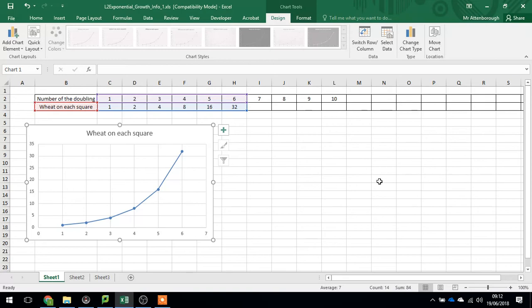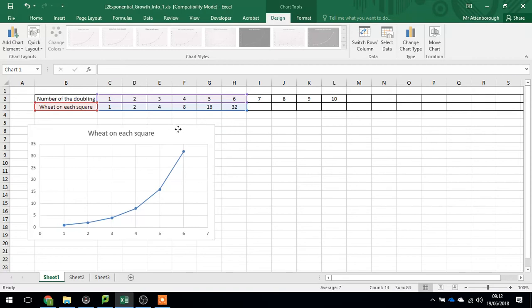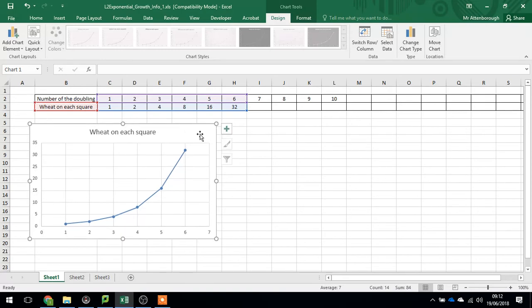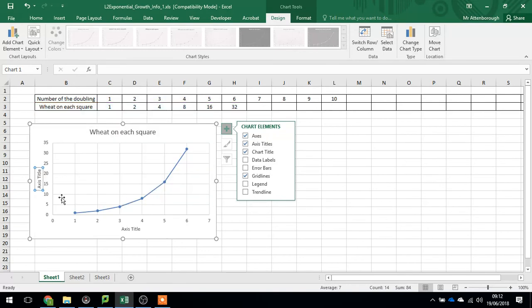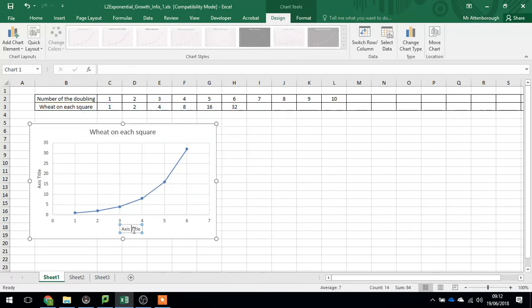The couple of things that are missing from your chart are axis titles, and we need to set the title correctly. So we press plus, and we put in, on this occasion, axis titles. And the axis titles are as follows. The x-axis is the number of doubling, or let's just say box.